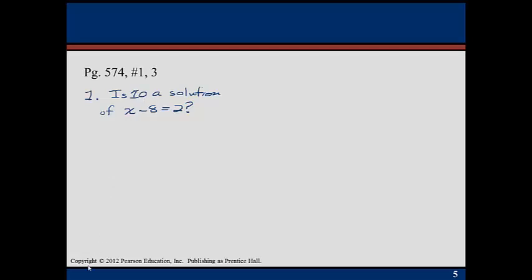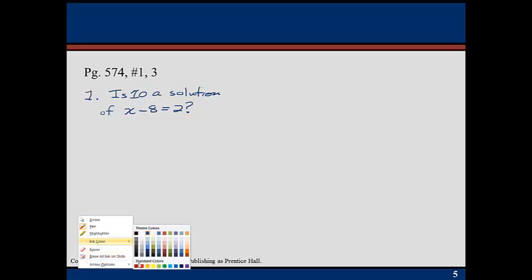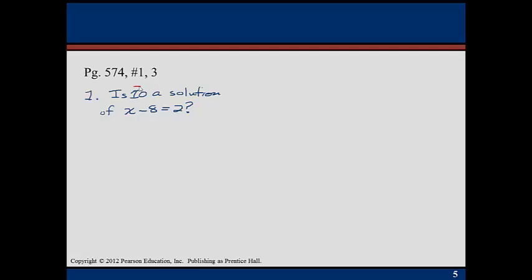So I need to determine whether 10 is a solution. So I'm going to take the 10 and I'm going to replace it with the x. So everywhere I see an x, I'm going to put in 10. So now it's going to say 10 minus 8. And I still have the equals and I still have the 2. Well, 10 minus 8 is 2. And 2 does equal 2. Therefore, 10 is a solution.